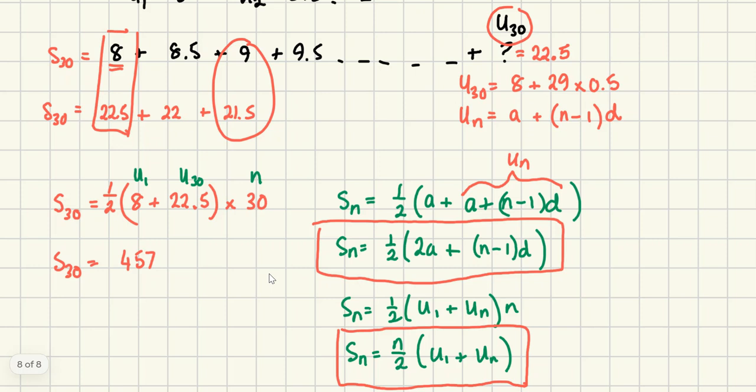No, because this one is first and last, but we need to know how many terms it is. This one here, you put the number of terms in it to work out what the final term is. It's already there. First term plus last term, so this is u1, and the last term is this.